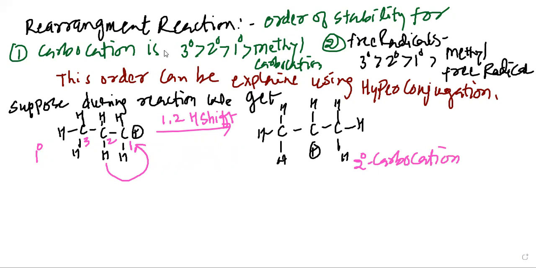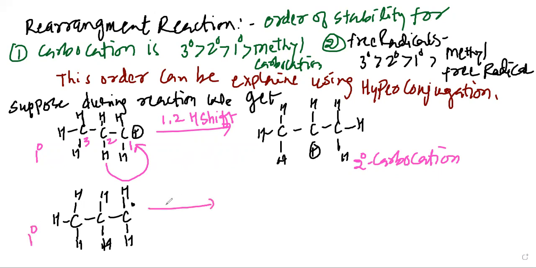The same thing we can understand for free radicals, my dear students. If we have a free radical obtained in this manner, which is a primary free radical, then there will be a 1,2 H shift, and this hydrogen goes to this carbon, and finally we get a secondary free radical.